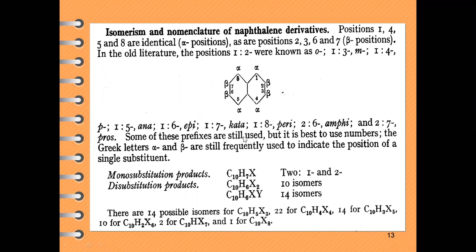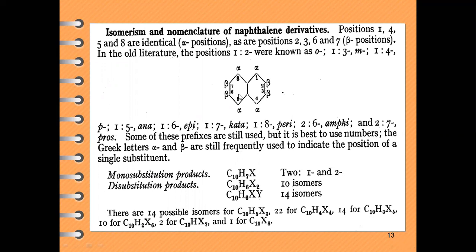So out of all these nomenclature systems, some of the prefixes are still used, but it is best to use numbers. The IUPAC nomenclature system prefers numbers. The Greek letters, alpha and beta, are still frequently used to indicate the position of a single substituent.